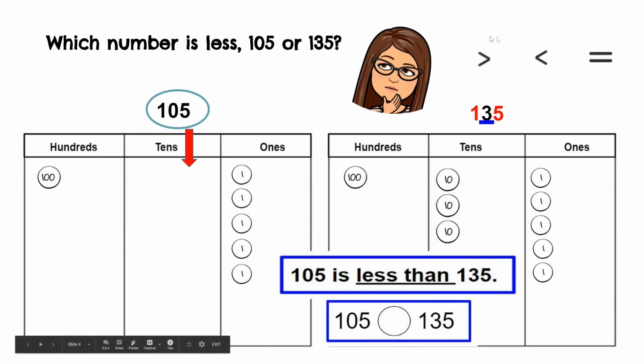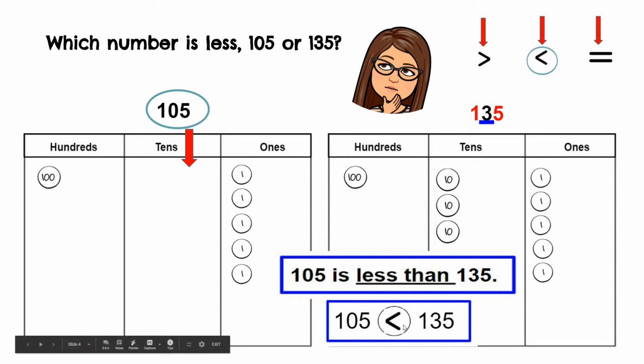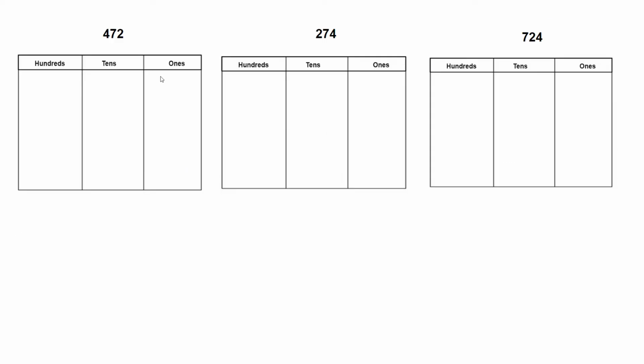Are we going to use greater than, less than, or equal to? Right, we're going to use the less than symbol and put it here in the middle. We could say that 105 is less than 135.